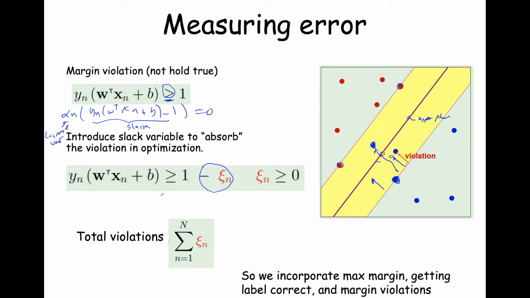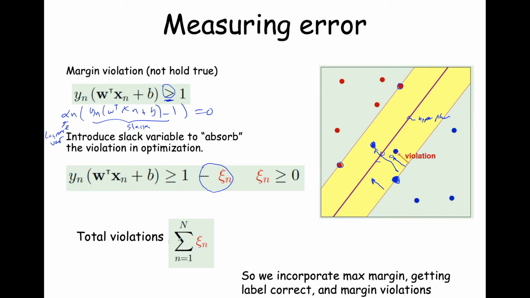And so here, the goal is not just to look at one margin violation for one data point, xn. We're going to look at all the margin violations, and we want to choose the hyperplane that minimizes the total number of margin violations. And again, this is for slightly nonlinear problems, or slightly nonlinear data sets. We want to make sure that the total margin violation is very small.